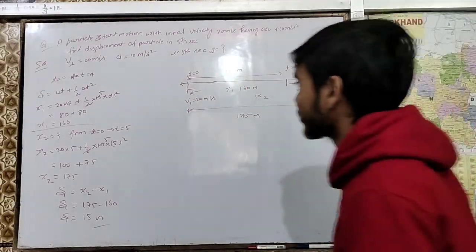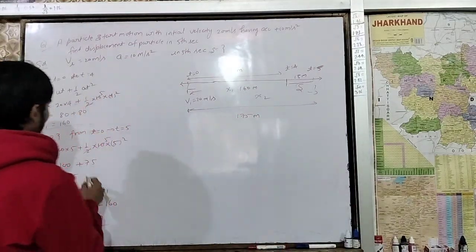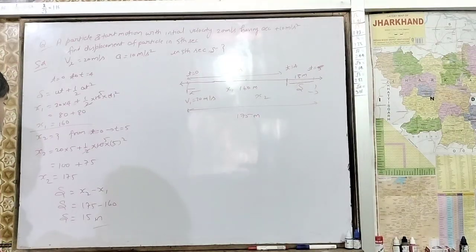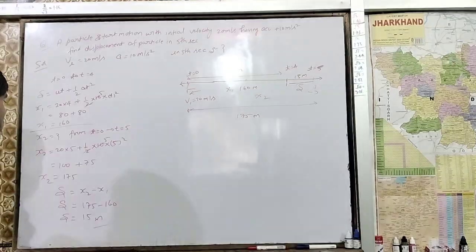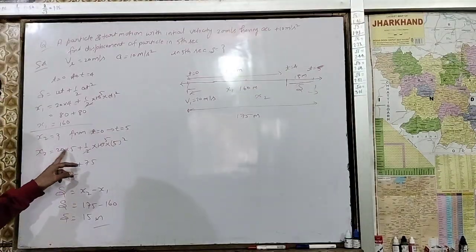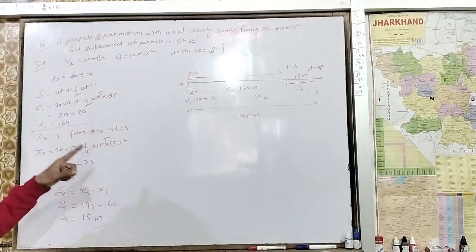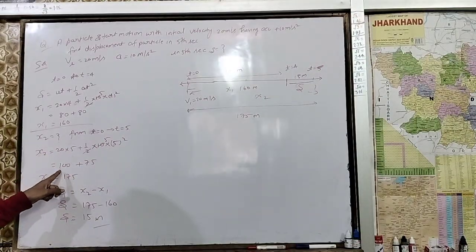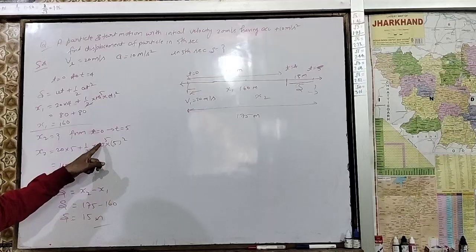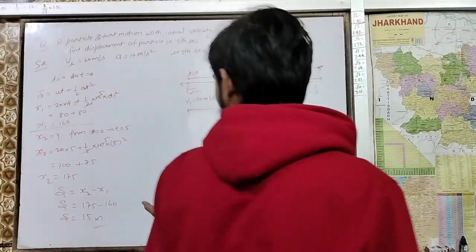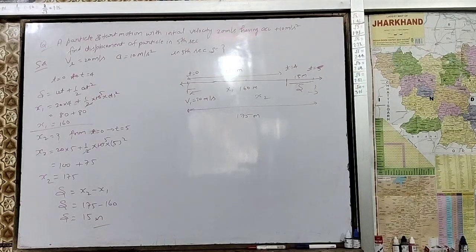One thing I did wrong. 5 twos are 10. U is 20, 20 times 5 is 100. 5 twos are 10. 100 plus 5 multiplied. It is not 125. 20, 100.